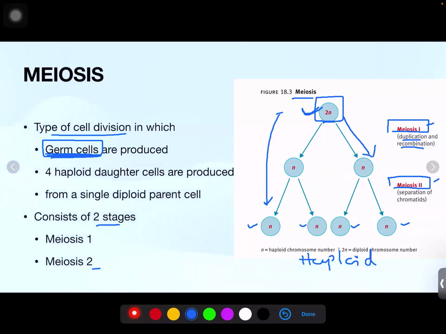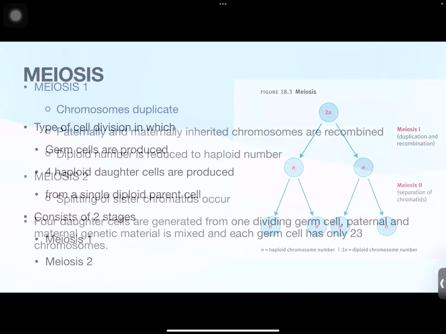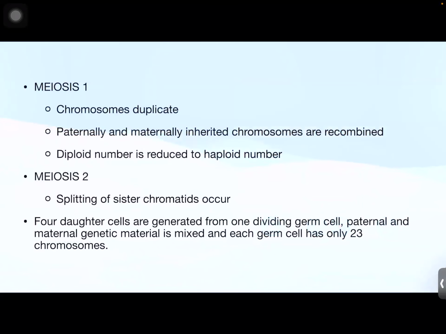So 4 haploid daughter cells are produced, and you must have seen that they are not identical. In mitosis, one cell gives rise to 2 identical daughter cells. During meiosis they are not identical because there was recombination. I'll tell you in the next slide what recombination is. Okay, so what happens in meiosis?